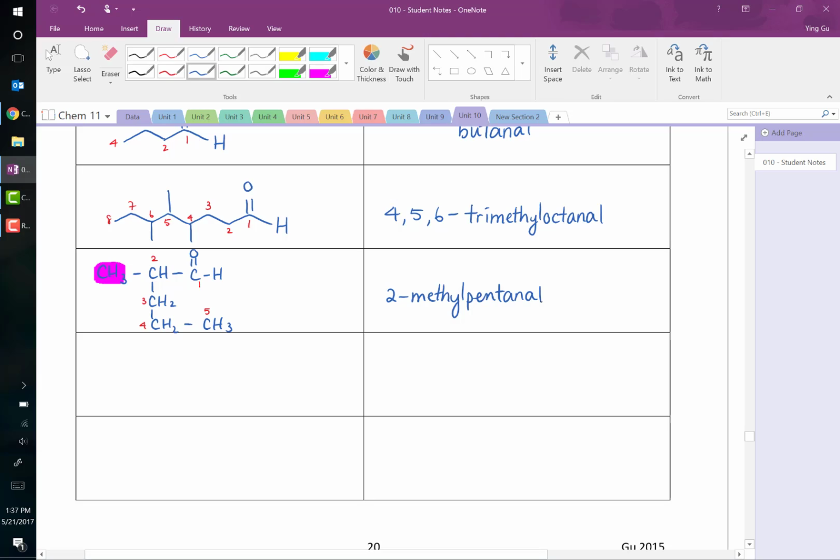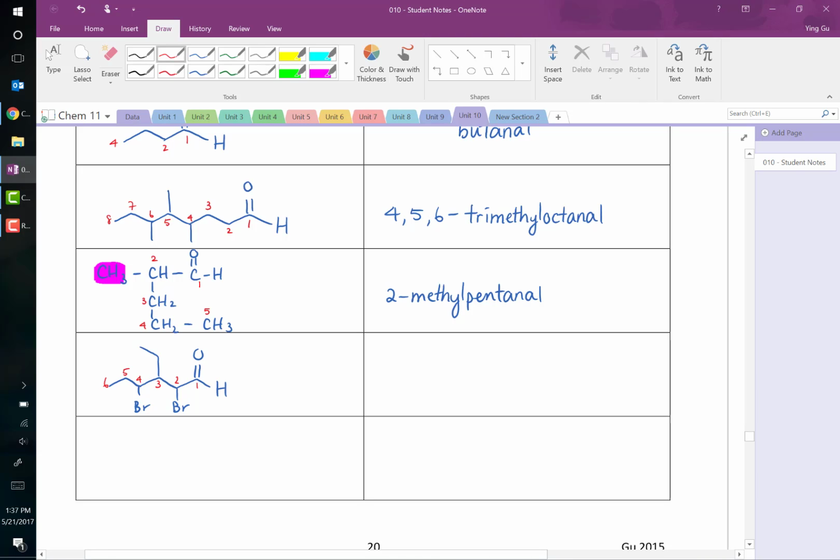Okay, let's finish off with 2 more. Just to really get the hang of this, let's throw in some branches that are not methyls. Let's throw in a bromine. Another bromine, and let's throw an ethyl in there. Okay, so this is carbon 1, because that is where the carbonyl group is. 2, 3, 4, 5, and 6.